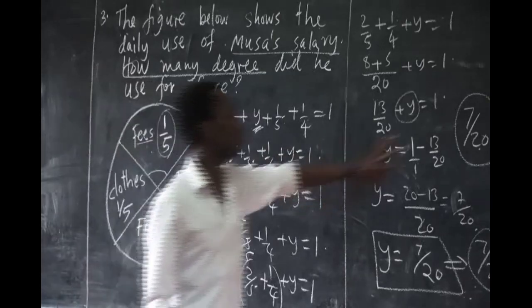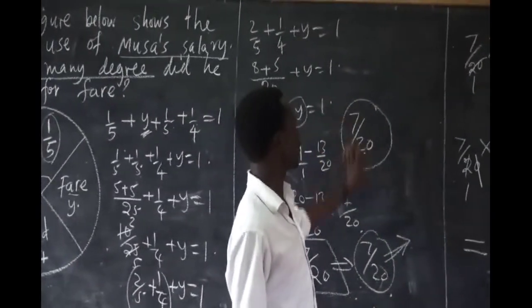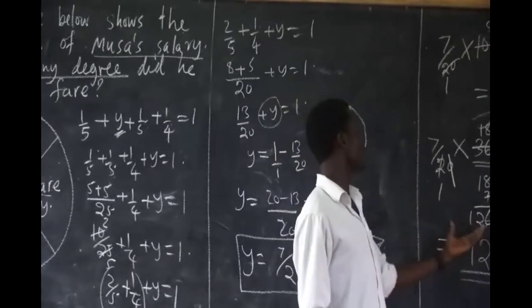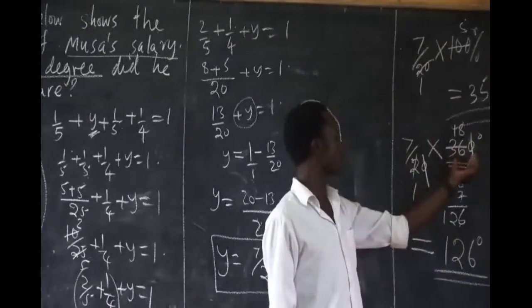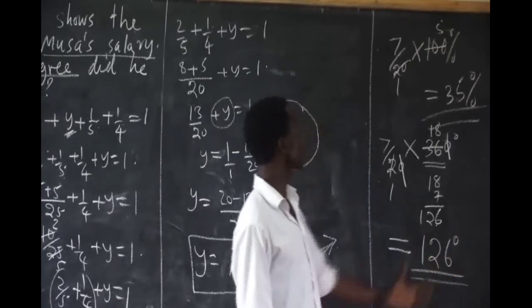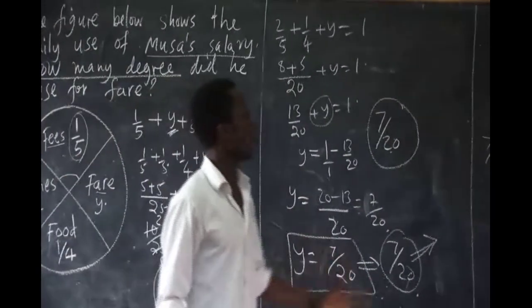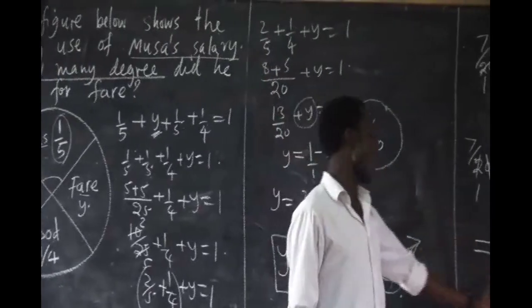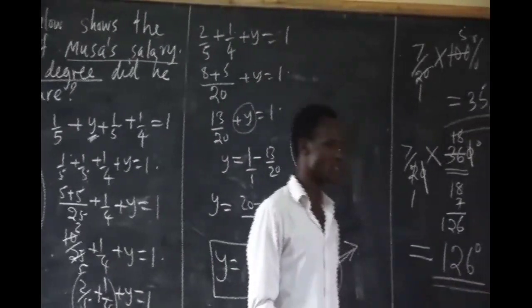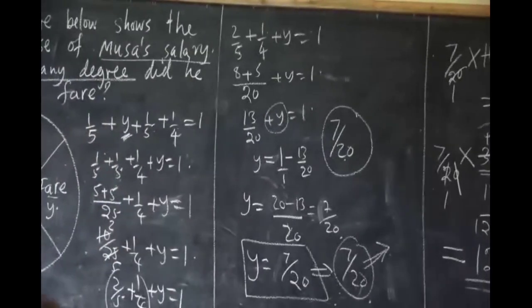So this is the portion out of 360. Now the degree of the fair is 126. So this is how we can calculate all about the pie chart, and this is how we can do that.